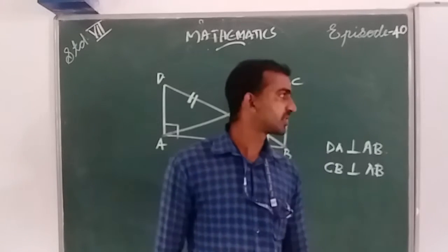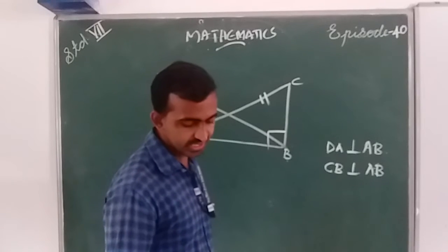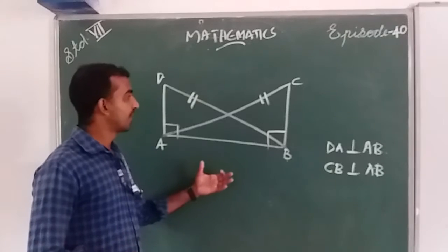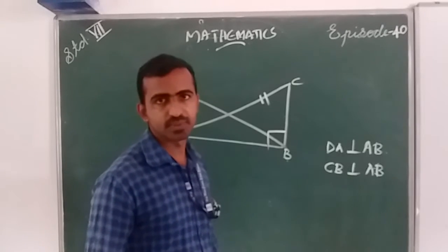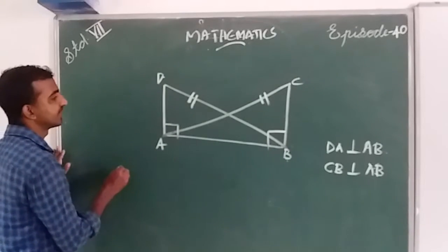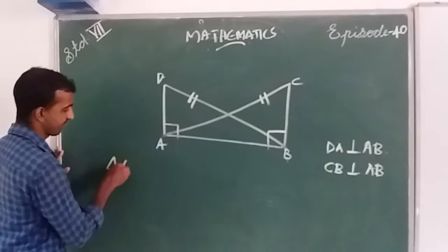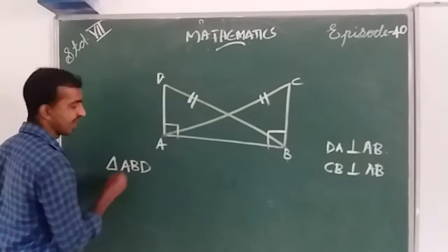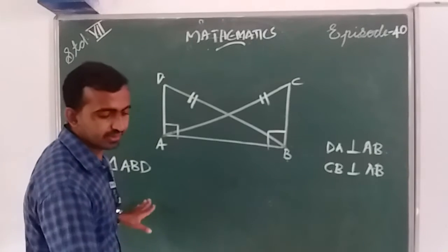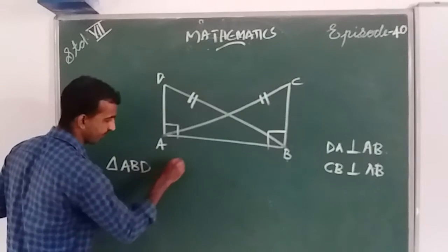First we want to write three pairs of equal parts in triangle ABD and triangle ABC.